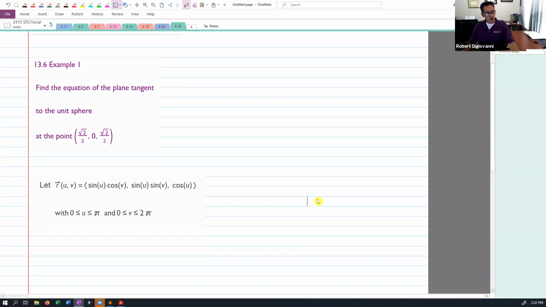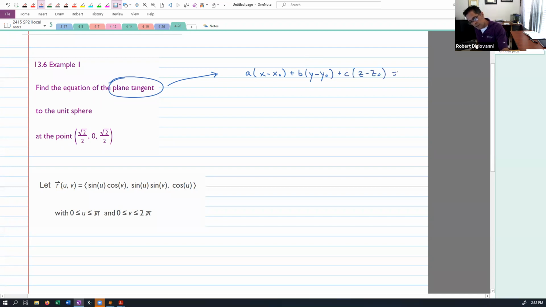So if we're going to find the equation of a tangent plane, then we know that the equation of the tangent plane will be a(x minus x naught) plus b(y minus y naught) plus c(z minus z naught) equals 0.